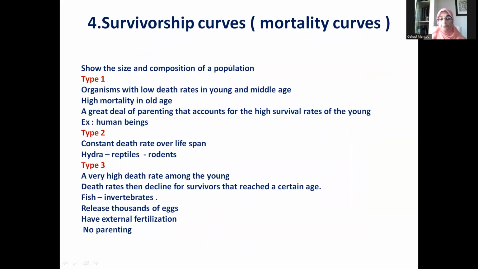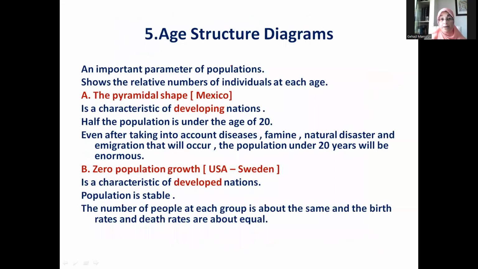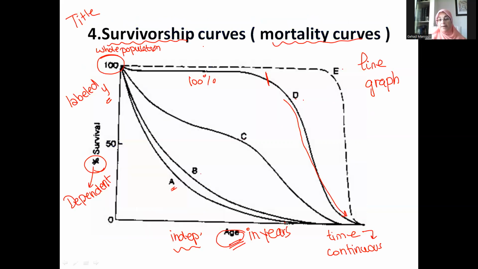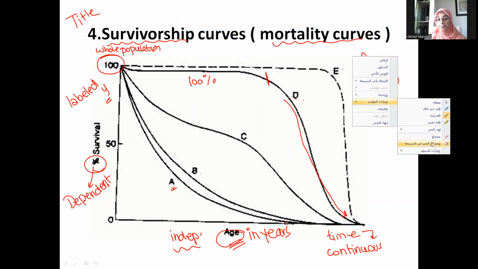In survivorship curves or the mortality curve, we have three types of curves. But first, let's define what a survivorship curve or mortality curve tells you. It shows you the size and the composition of the population, meaning that at any time, let's erase.